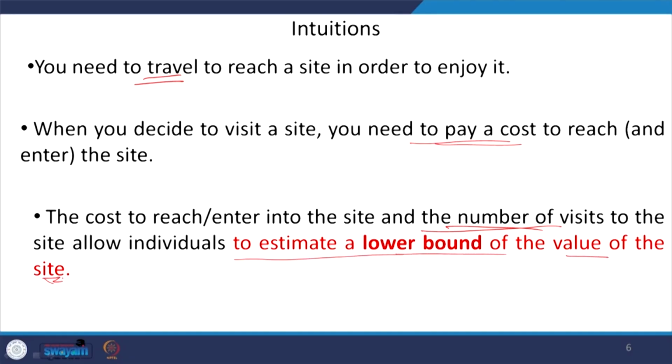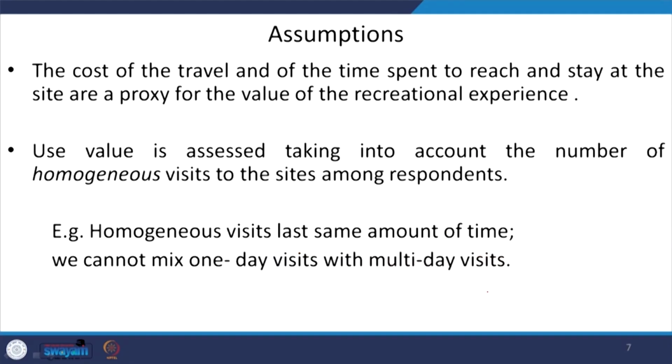So, how many times a person is paying a visit to site X in a year displays a lower bound of the value of that site for that person only. In this way we can estimate the value of a particular recreational site to different visitors.